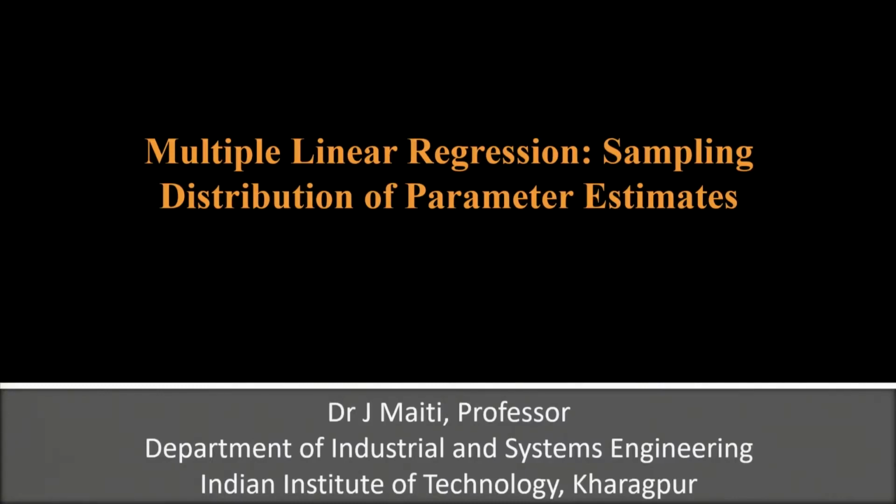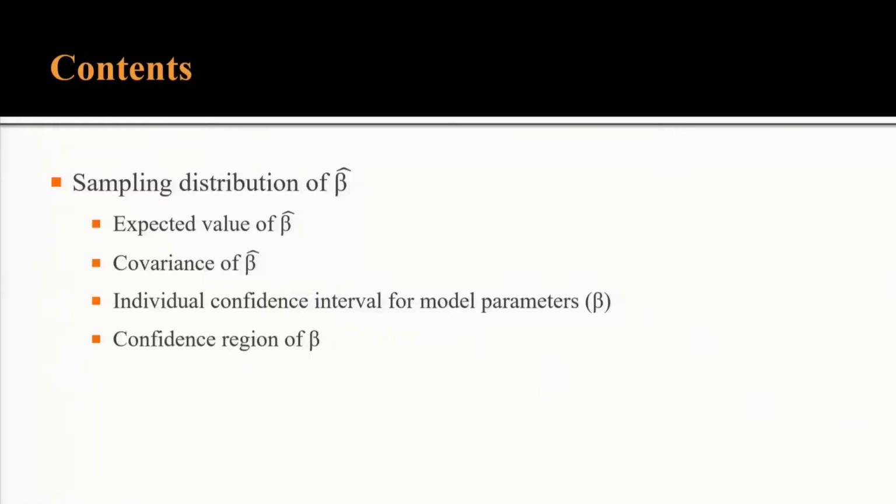Today we discuss sampling distribution of parameter estimates for multiple linear regression. You have seen in the last lecture how we have estimated the parameters beta, and the estimated values are basically point estimates. We have discussed earlier that the estimates are basically random variables, and they have a probability distribution, which is called sampling distribution.